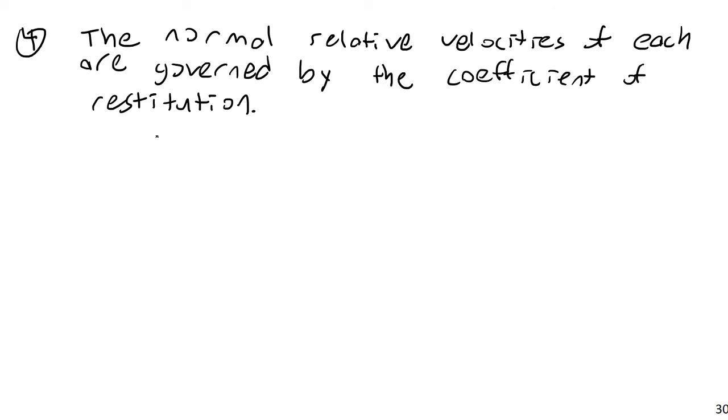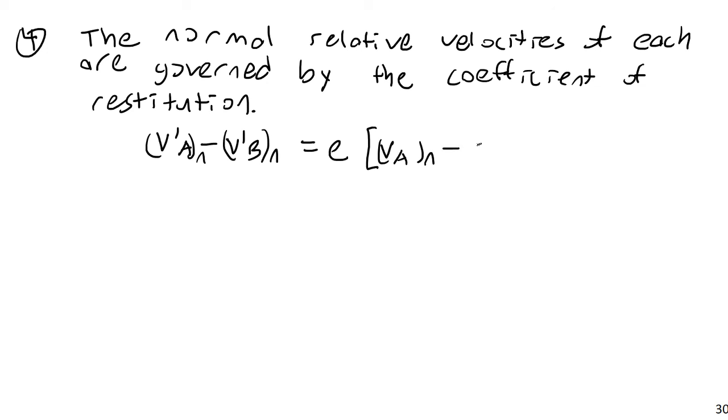So in other words, V prime A minus V prime B, the normal components, is equal to E, our coefficient of restitution, not Euler's number, times VA normal minus VB normal, only the normal components, not the total velocities.